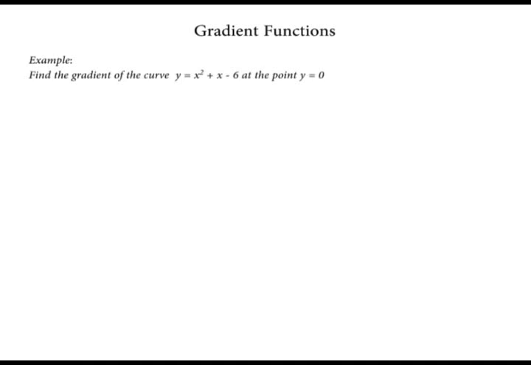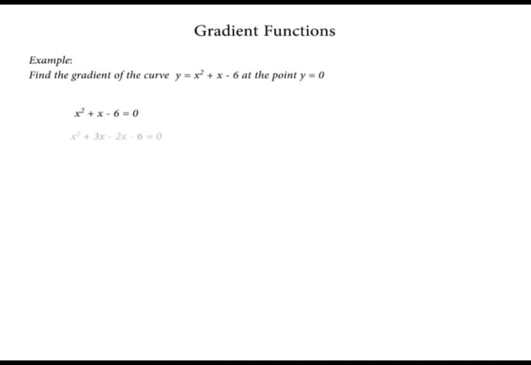So we find the x coordinate at the point y is equal to 0. This is a quadratic graph, and so we expect two values of x. Substitute y with 0, we shall have x squared plus x minus 6 is equal to 0. I've just shifted y. We solve the quadratic equation.